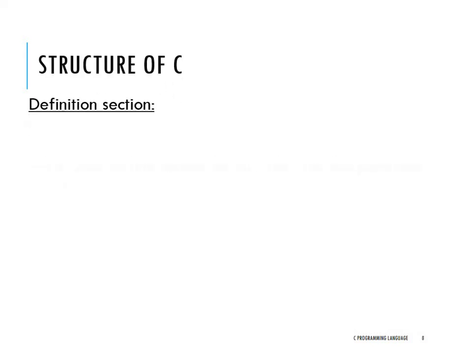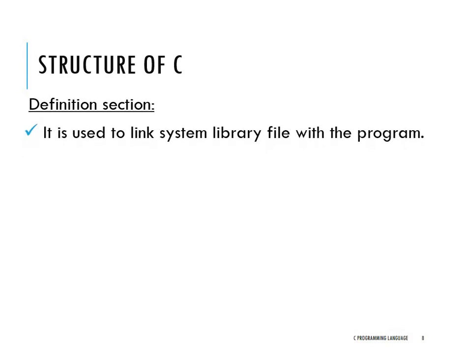Next, the definition section. It is used to link, like a preprocessor statement, but here we are using the definition section for declaring constant values. Here, #define A 10, A containing the value of 10, and then #define area. We can define functions also.